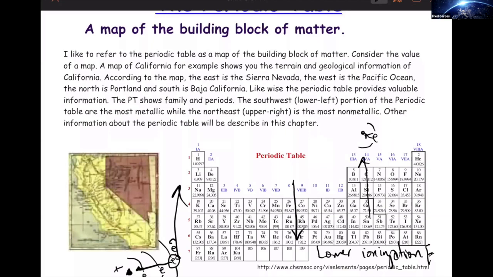So you can actually think in terms of the size of an atom and the energy required to remove that electron, or the energy gain when an electron is given to that atom. That's called electron affinity.